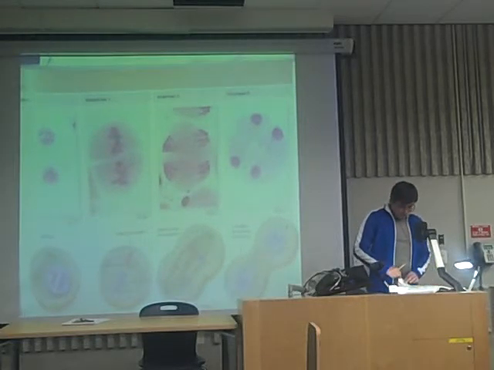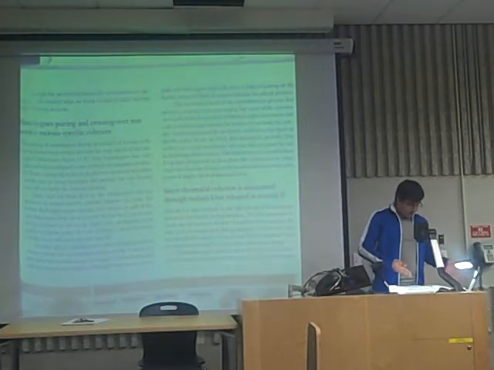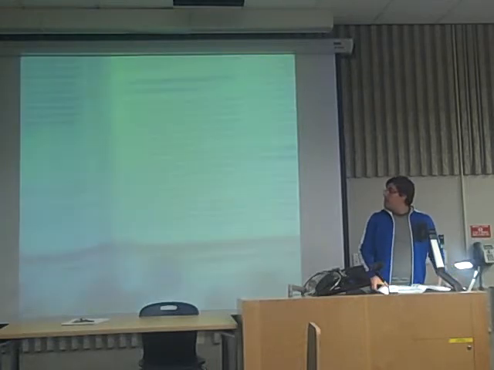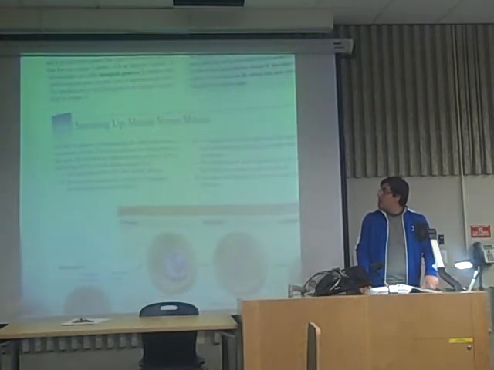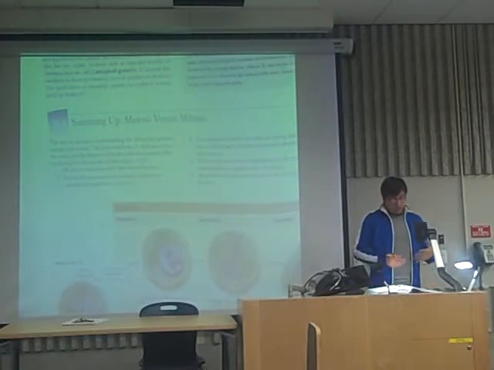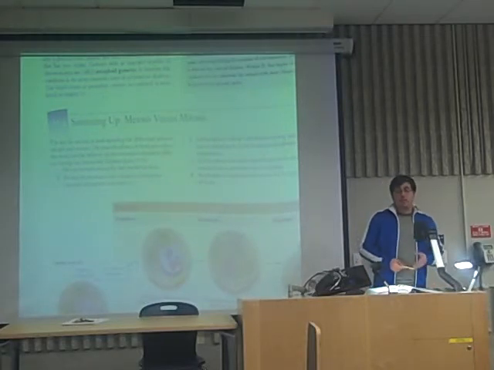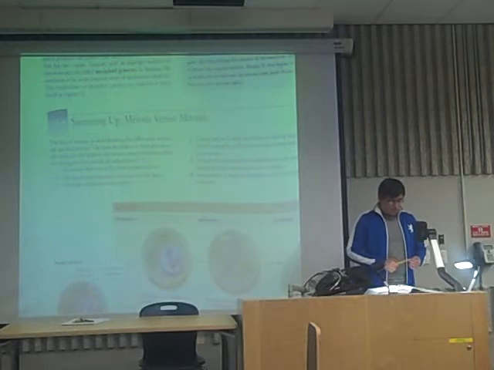Now, one of the most important parts of the chapter is this last section, section 11.4, which, as the title says, basically sums up the major differences between meiosis and mitosis.